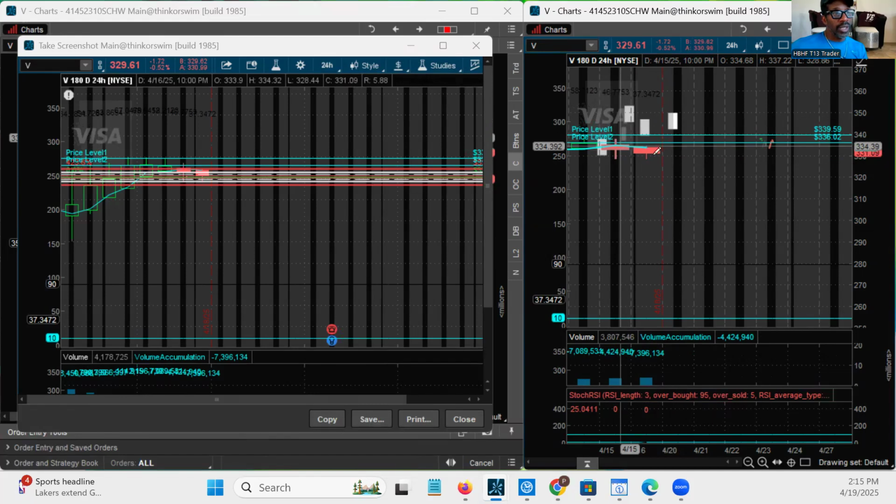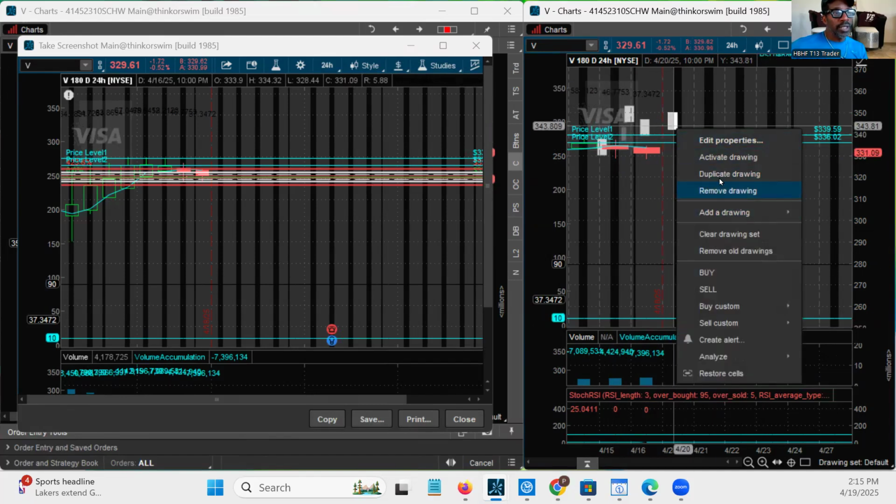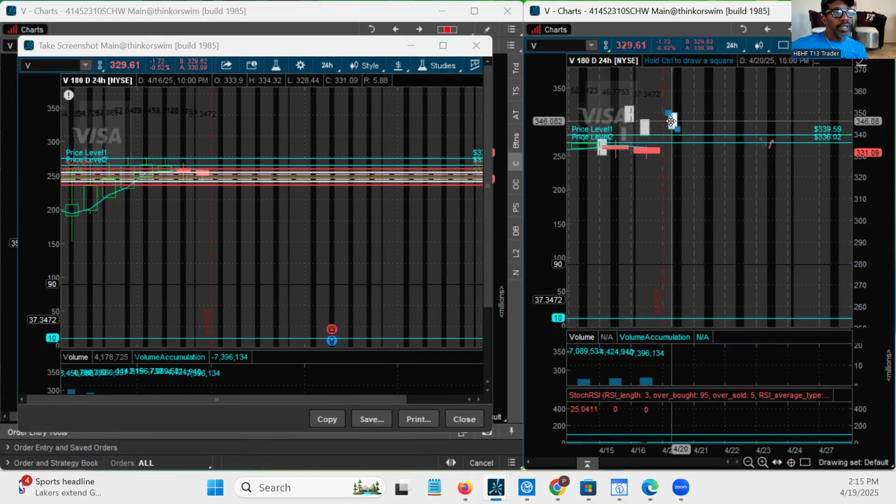So where is it going? Down. So if it opens up Monday below there, guess what? It's going down. Your purpose is to find out where is your next support and resistance.